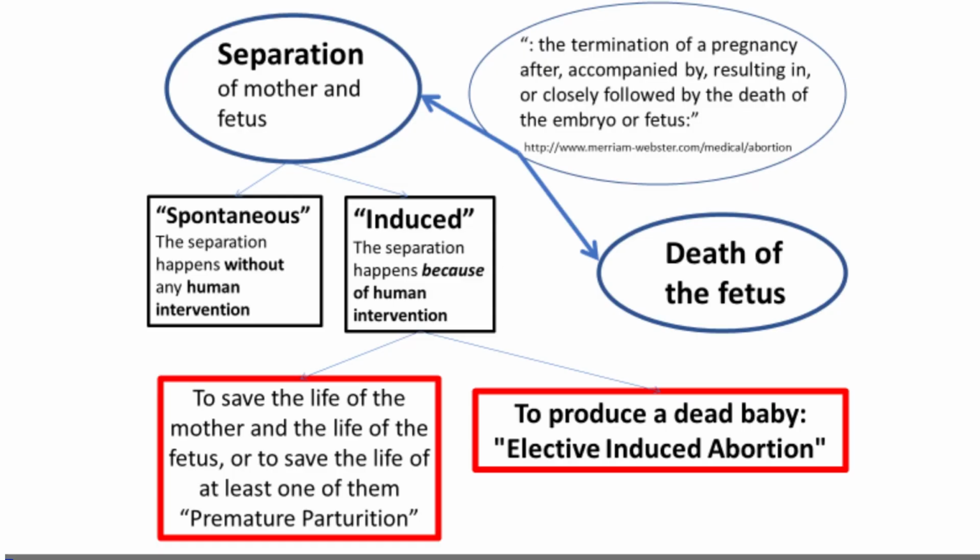And there's two parts of it that are really important to understand. One of them is the separation of the mother and the fetus. When the mom is separated from the fetus, that separation is a necessary part of this term abortion. But it's also accompanied here by the death of the fetus.